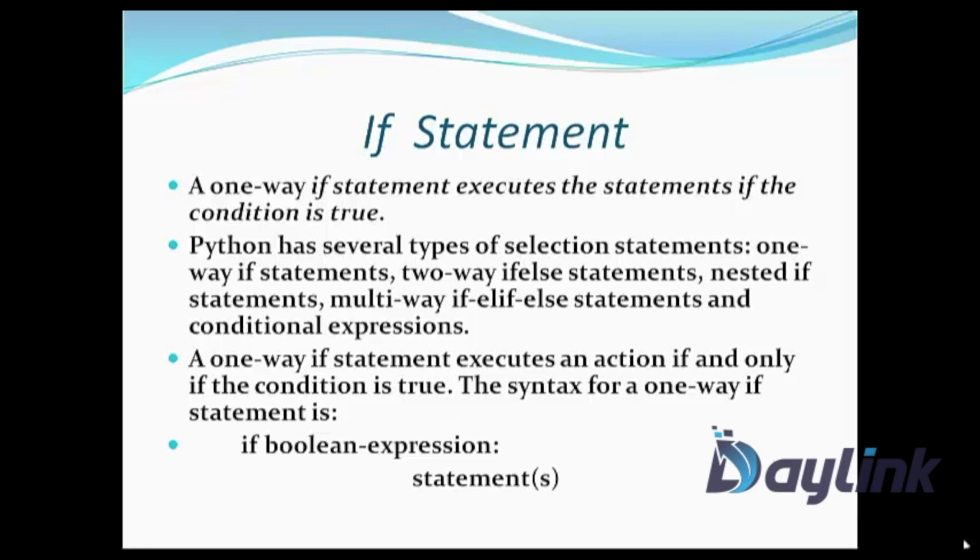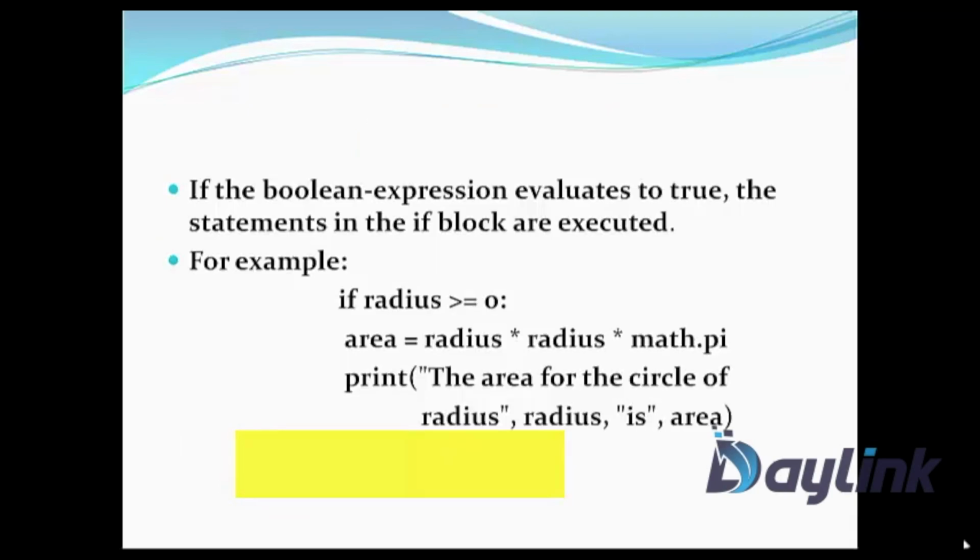The syntax for a one-way if statement is if and a boolean expression, then write the statement. If the boolean expression evaluates to true, the statements in the if block are executed. For example, if radius >= 0, then area = radius * radius * math.pi, and print the area of the circle and the radius.